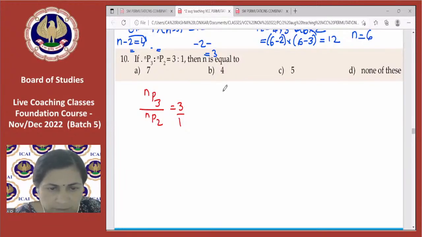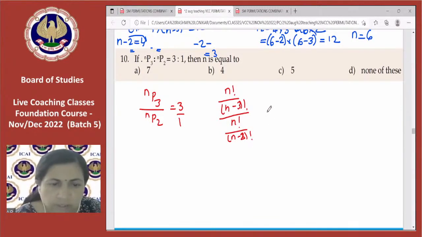nP3 is n factorial upon n minus 3 factorial, upon nP2, which is n factorial upon n minus 2 factorial. This is equal to 3:1.